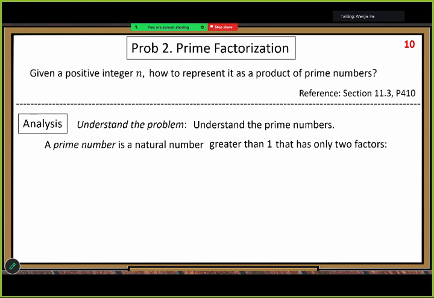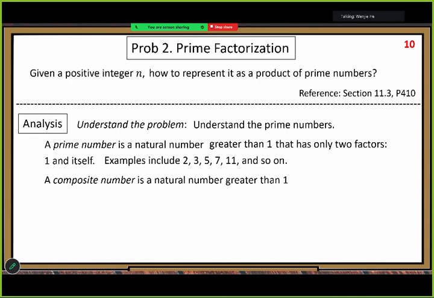A prime has only 2 factors, 1 and itself. Examples include 2, 3, 5, 7, 11, and so on.